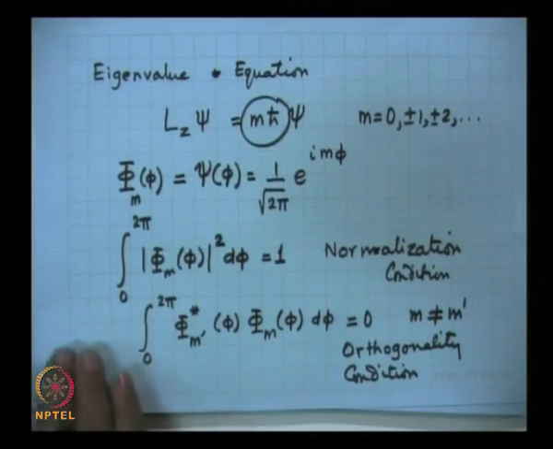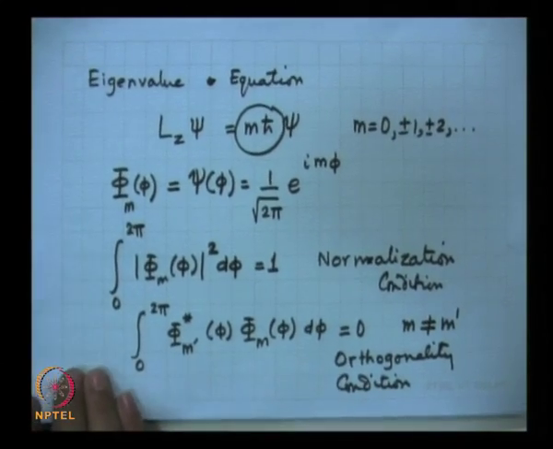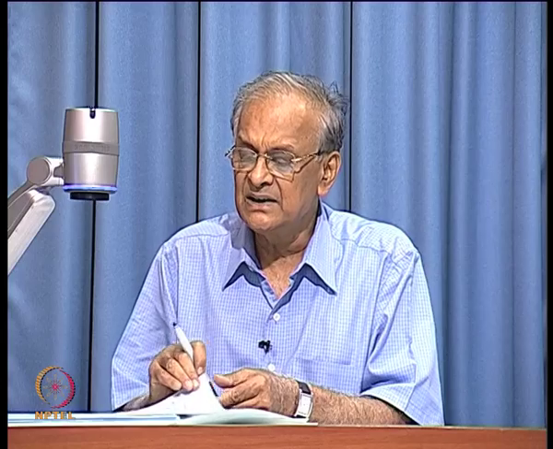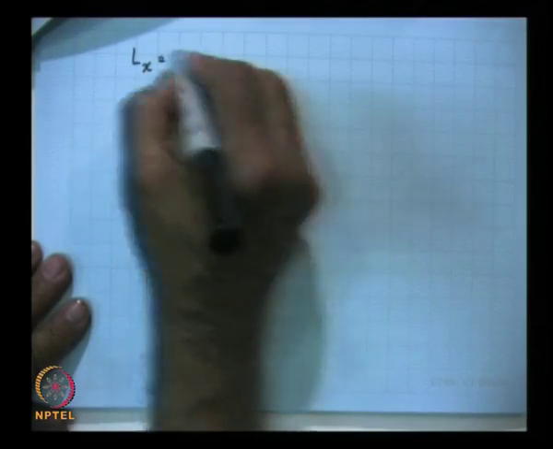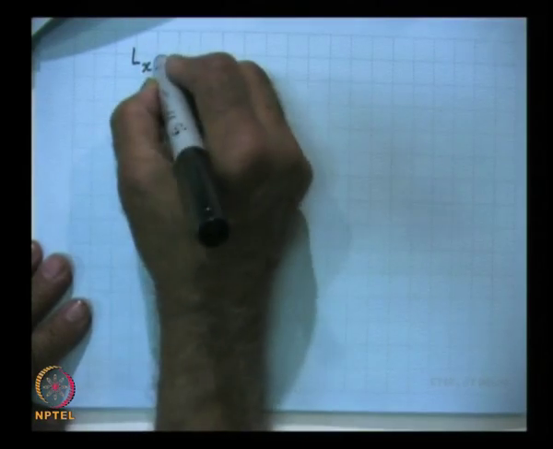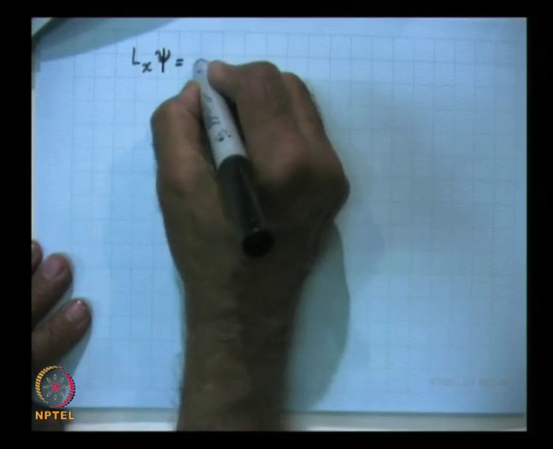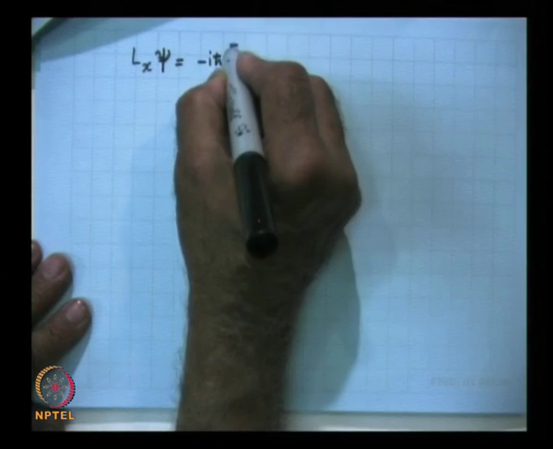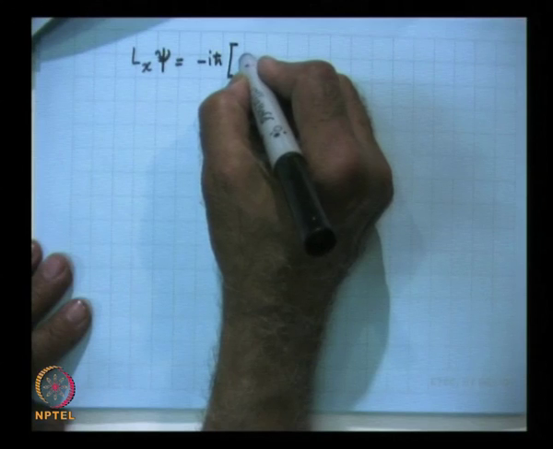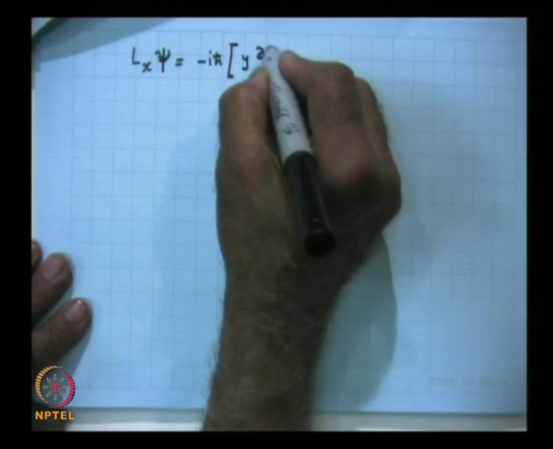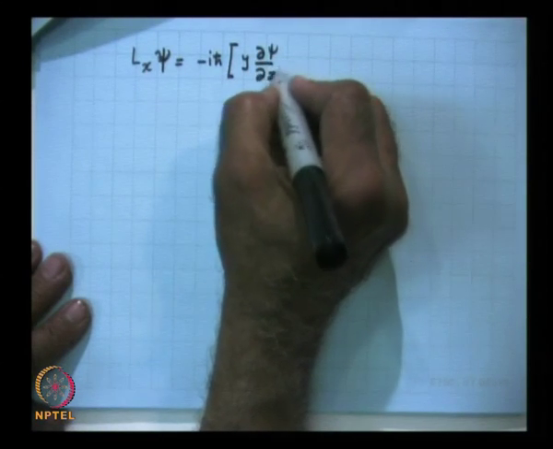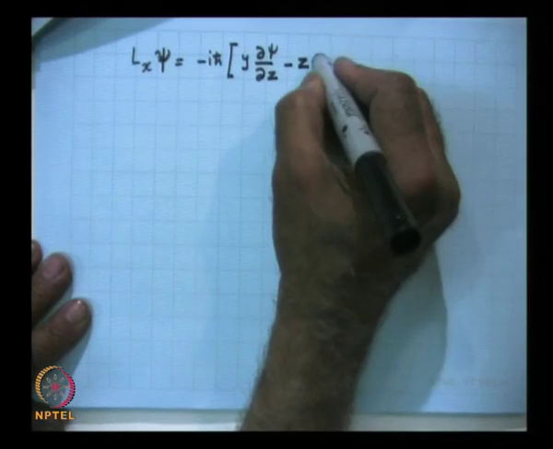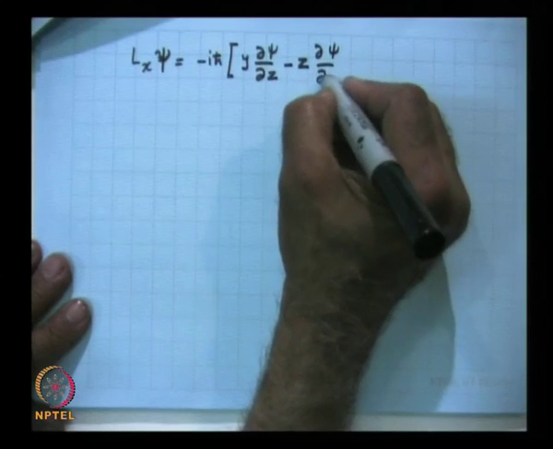Now, we have obtained the operator representation of the operator Lz. Very similarly, you can obtain it for Lx and Ly. So, Lx operating on psi will be minus i h cross (y p z, that is y delta psi by delta z, minus z p y, that is z delta psi by delta y).